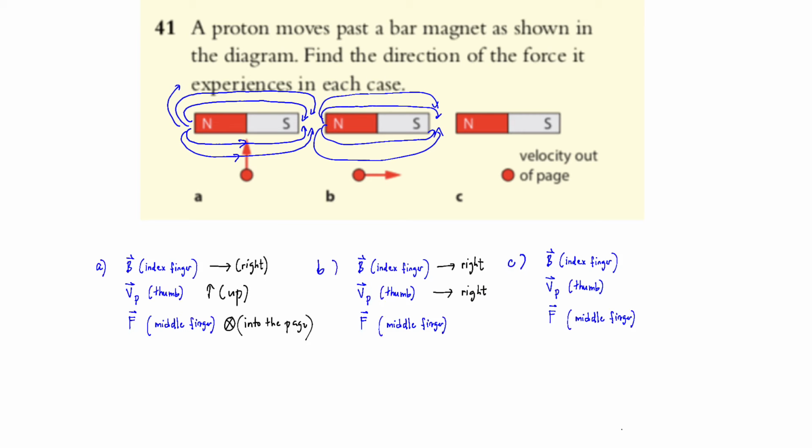If you look here, you'll observe that the index finger, or the magnetic field, as well as the velocity, are parallel to each other, and so for that case there will be no force. Therefore, there will be zero force.